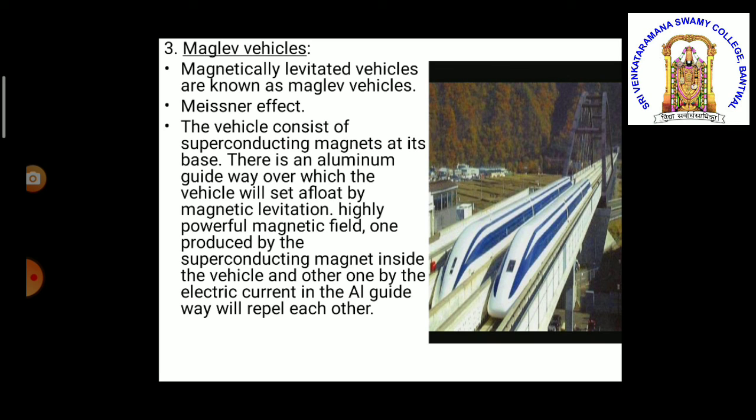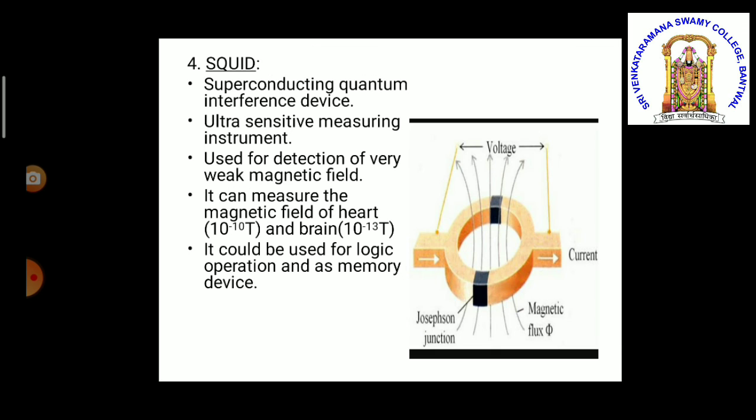Two highly powerful magnetic fields, one produced by the superconducting magnet inside the vehicle and the other produced by the electric current in the aluminium guideway, will repel each other. Because of this repulsion, the vehicle is not touching the ground, it is floating. This kind of vehicle is called a Maglev vehicle.